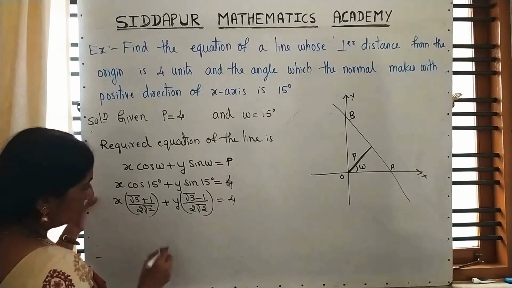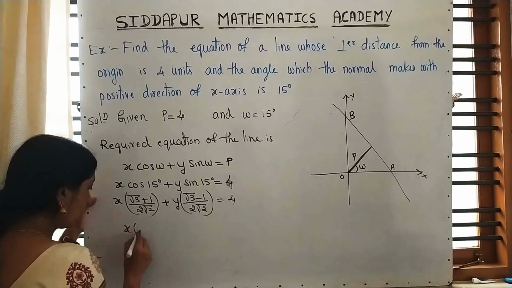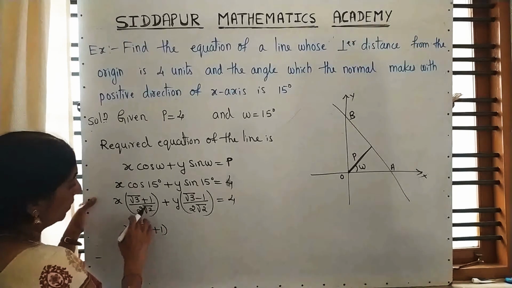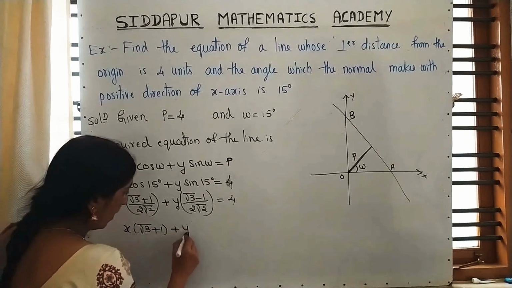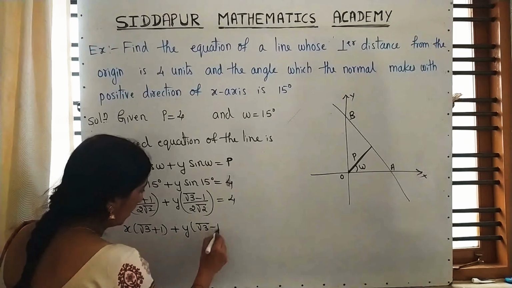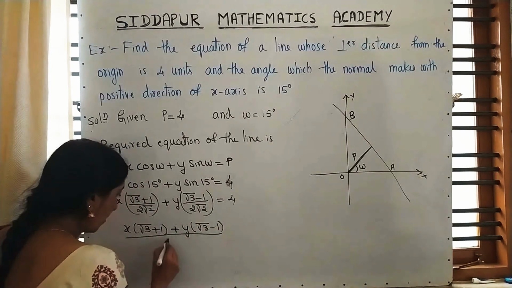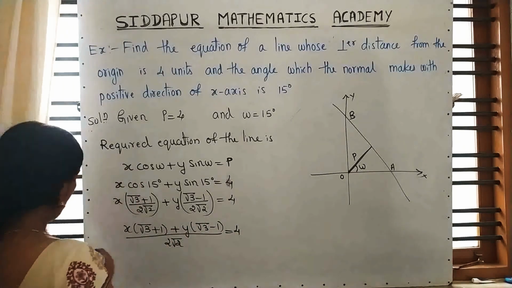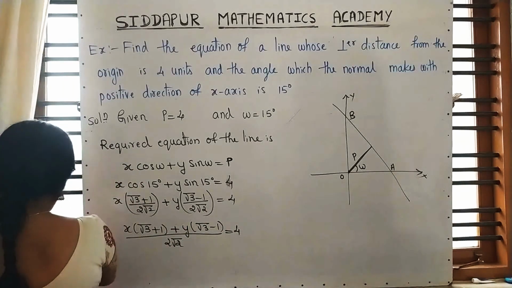Take the LCM and simplify. It is x into root 3 plus 1, both have the same denominator 2 root 2, plus y into root 3 minus 1 upon 2 root 2 is equal to 4. Now cross multiply, you will get the answer.